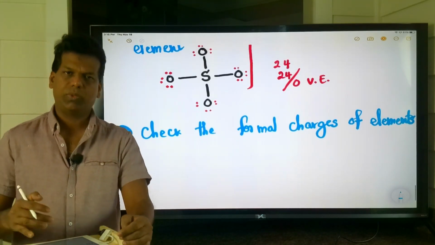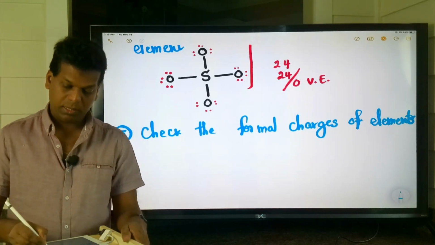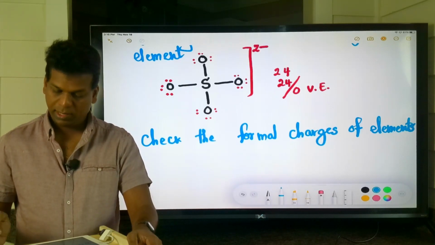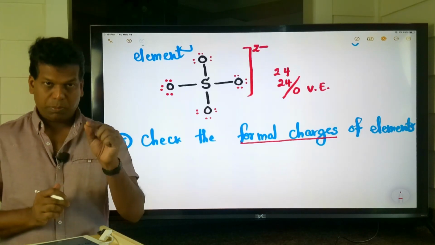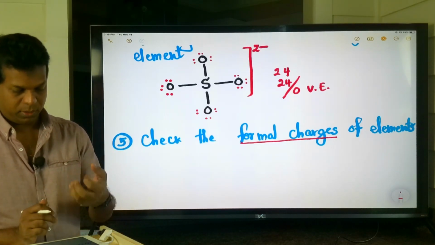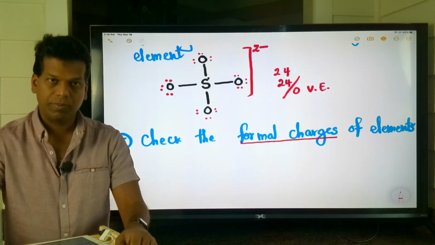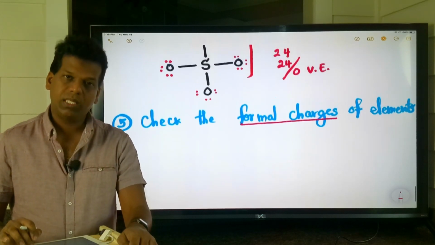I'll tell you what formal charge is and how to calculate it in a second. What you do is take the particular element. For example, let's say you calculate the formal charge of sulfur. You look at sulfur, then you use this formula.